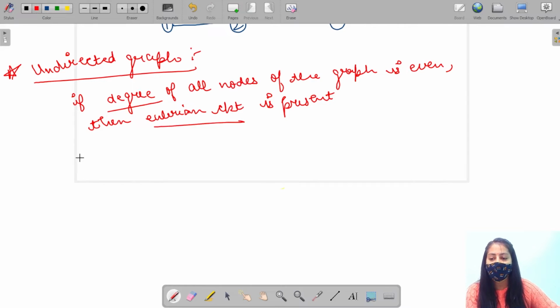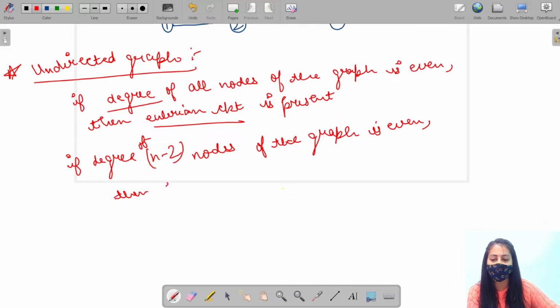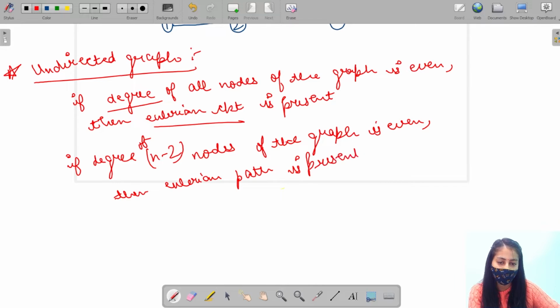For an undirected graph, the degree of exactly n minus 2 nodes of the graph must be even. So if this condition is true, then an Eulerian path must be present in that graph.